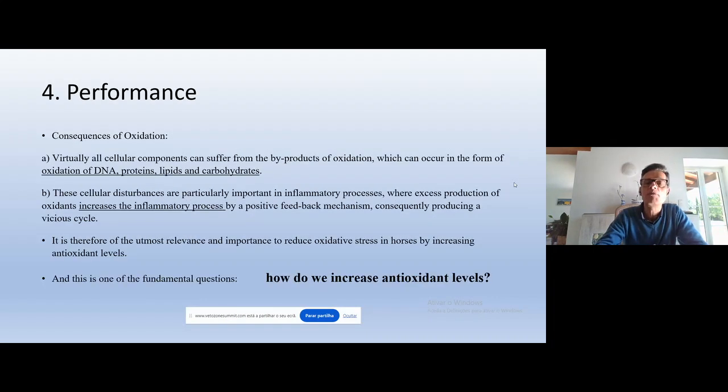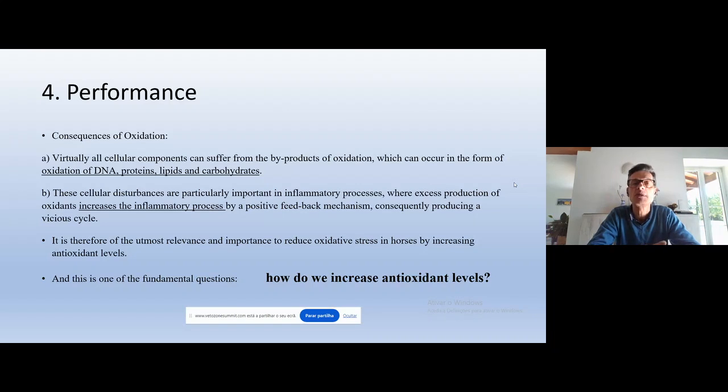When a big quantity of ROS are present, oxidation of DNA, protein, lipids, and carbohydrates occurs, and the cellular disturbances are particularly important in inflammatory processes, where excess production of oxidants increases the inflammatory process.